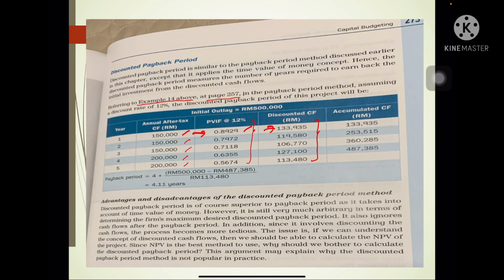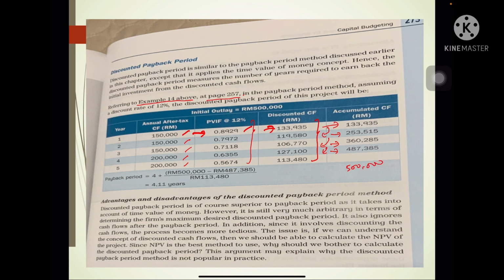The accumulated cash flow will be 133,935 plus this one gives you 253,515, plus 106,770 gives you 360,285, and then plus 127,100 gives you 487,385. Your initial outlay is 500,000.